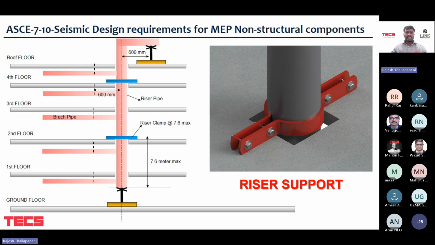The maximum distance that needs to be followed, as a thumb rule, is every alternate floor or 7.6 meters. Means every alternate floor, we must provide a riser support, which is designed to take the vertical load as well as the horizontal load from the pipe itself.